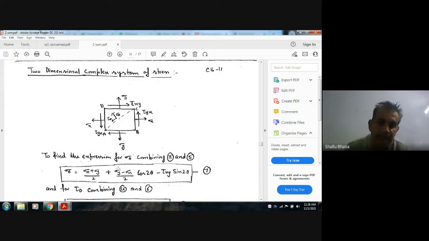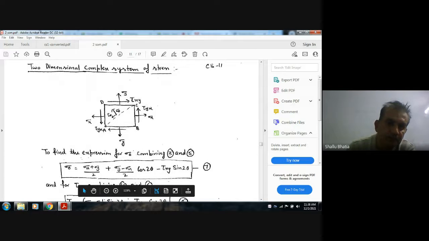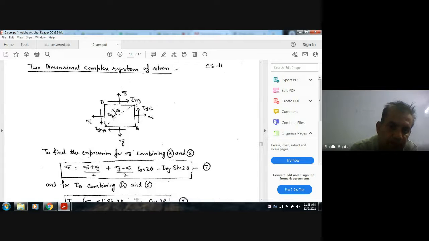Combining the expression of biaxial stress and pure shear stress, we can find out the formula for the normal stress at an angle theta and shear stress at angle theta when the body is subjected to complex stresses, that is, biaxial stress plus shear stress. By combining the above 3 and 5, you can write out sigma theta.